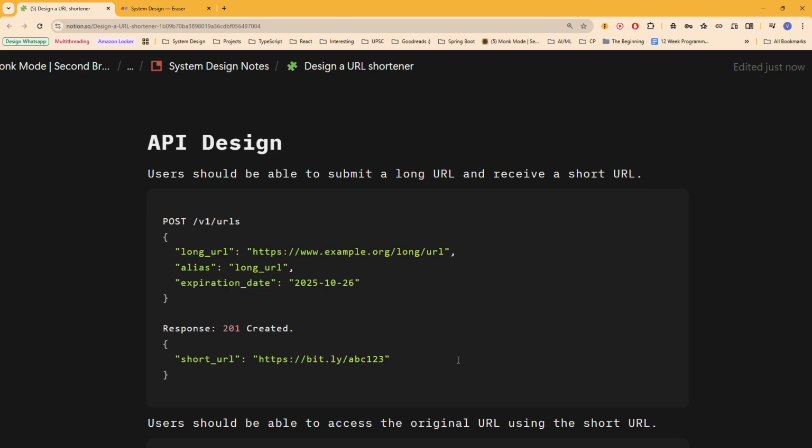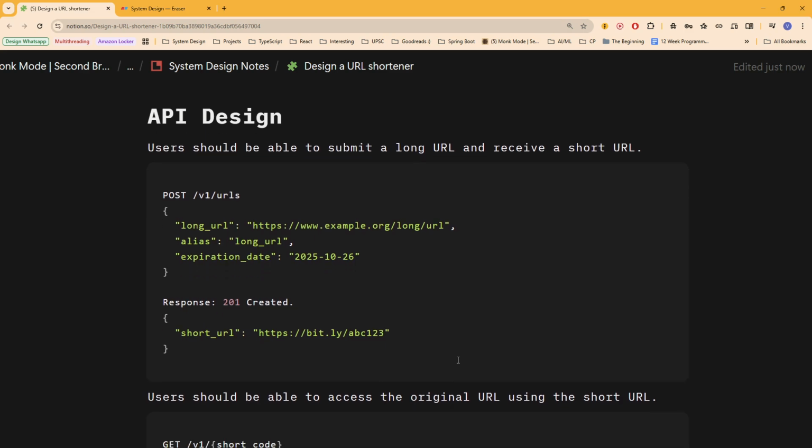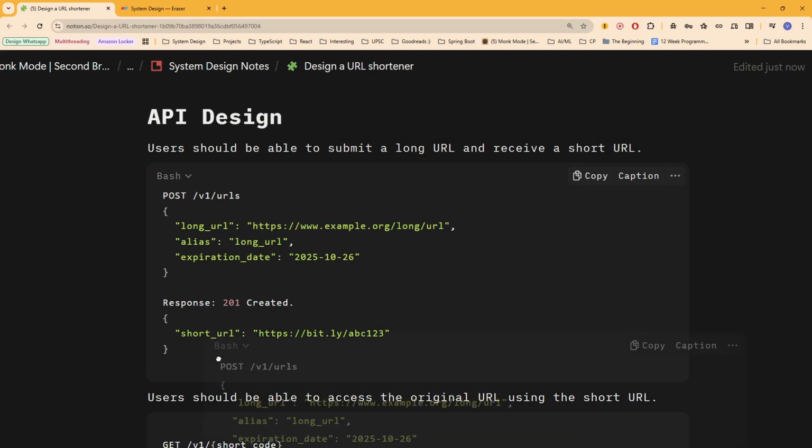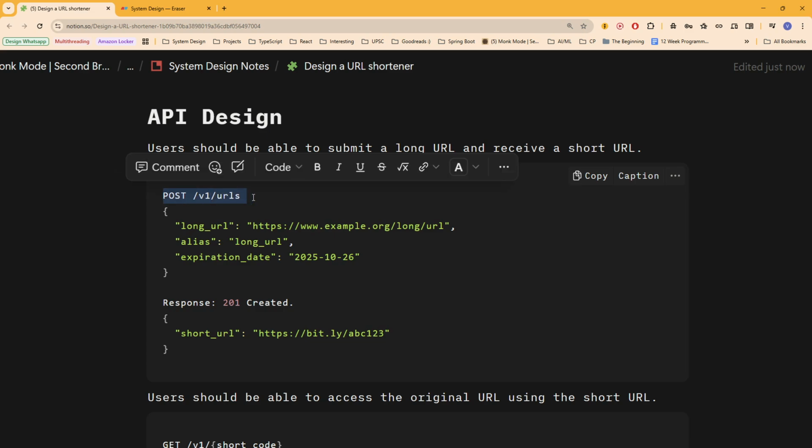So let's get ahead and talk about the API design. Whenever working on API design, simply map your functional requirements to APIs. That's it. We had two functional requirements. One was that we submit a long URL and we should be able to receive a short URL. That's what I have mapped into an API. So we have a POST request on URLs.